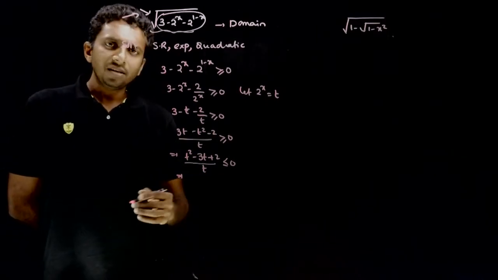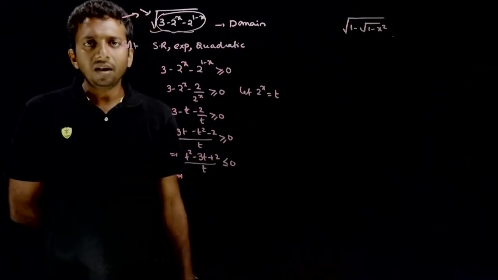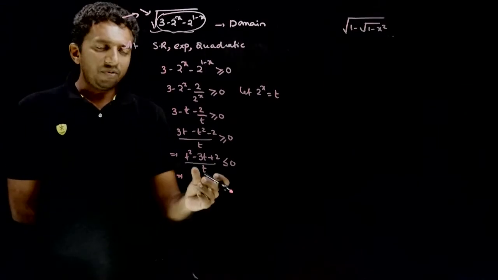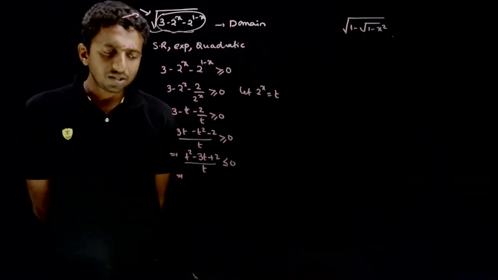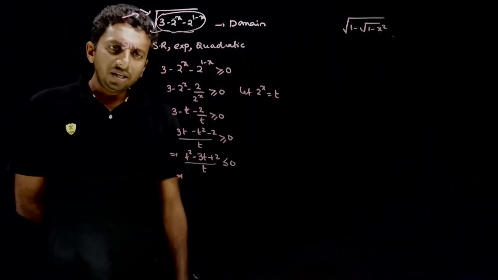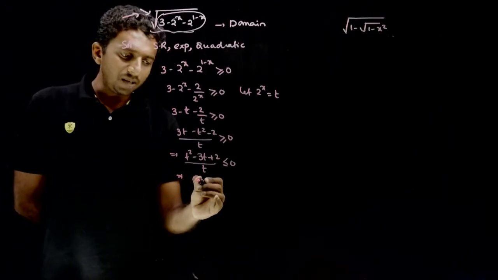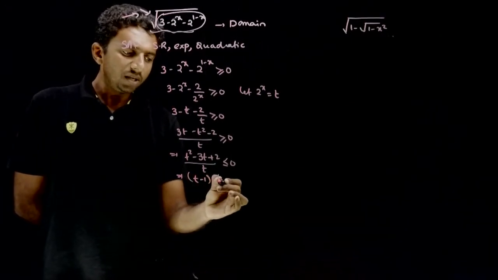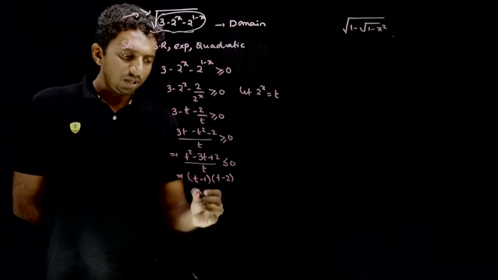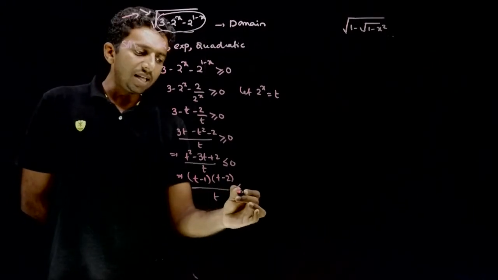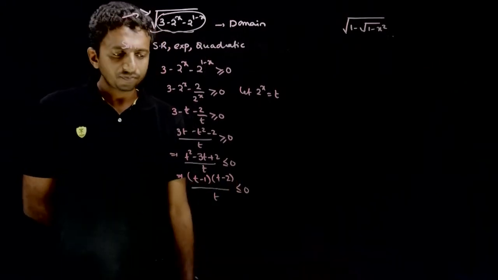So this is a basic rational function. So आप wavy curve method से rational inequality solve कर सकते हैं. So t square minus 3t plus 2 is nothing but t minus 1 into t minus 2 divided by t is less than or equal to 0.